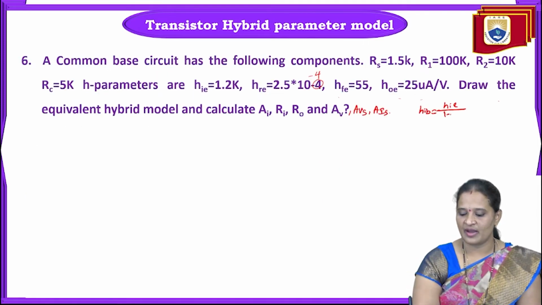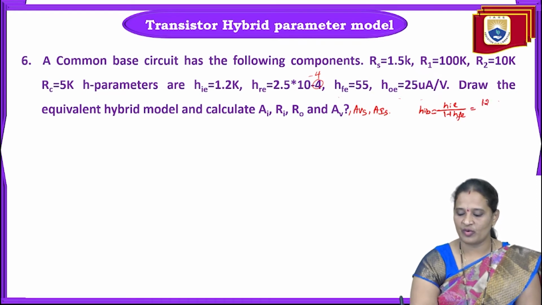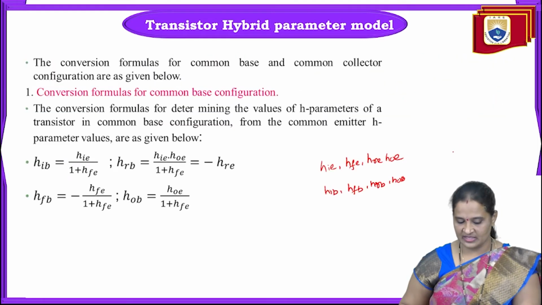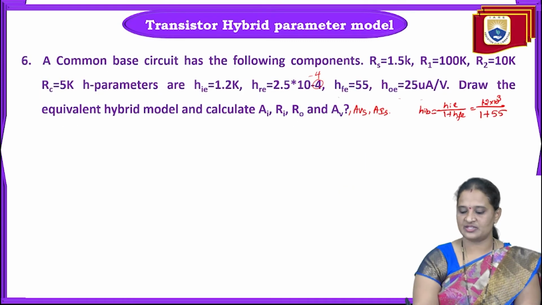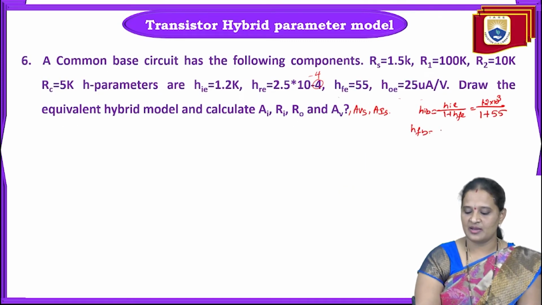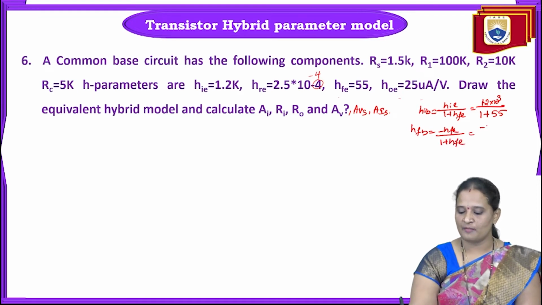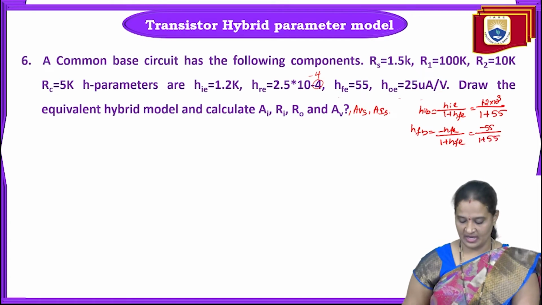What is the HIE value? 1.2 into 10 to the power of 3 divided by, next, HFB is minus HFE by 1 plus HFE. What is the HFE value? Minus 55 by 1 plus 55. Right?